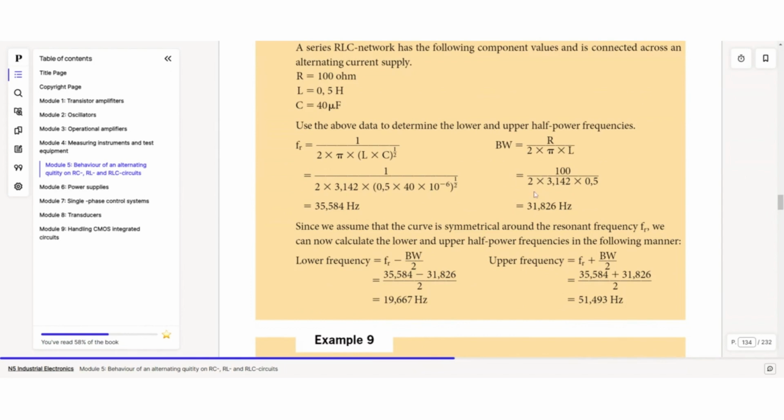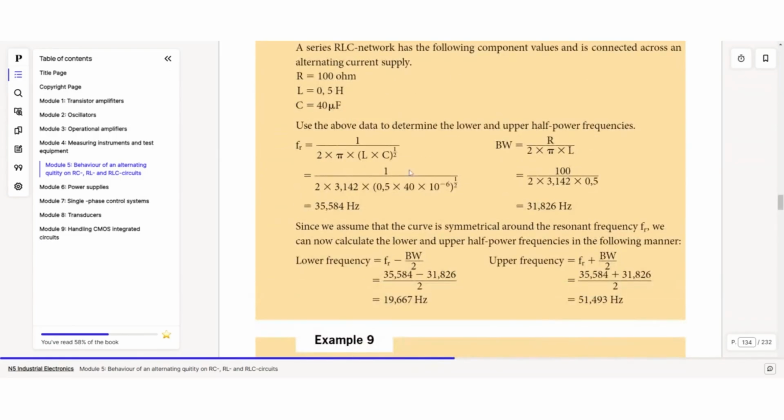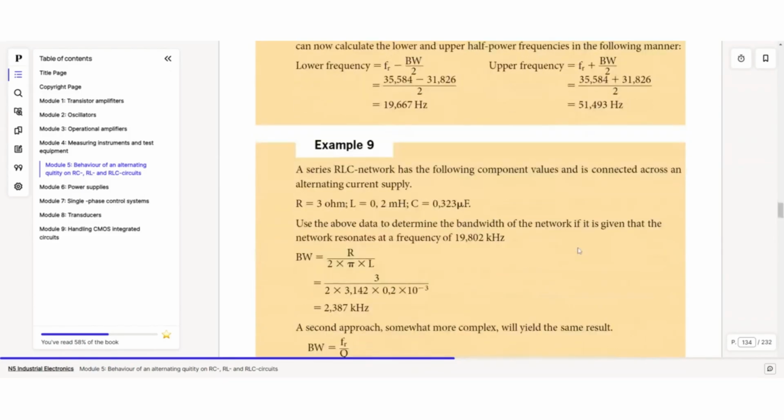What is nice here is your bandwidth is actually less than your resonant frequency, so you can be pretty much sure that you're not going to hit a negative frequency on your lower end. There we have your lower frequency, there's your upper frequency. So this is essentially what was supposed to happen.